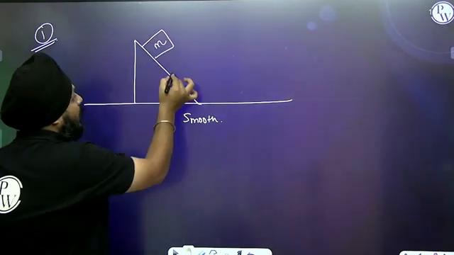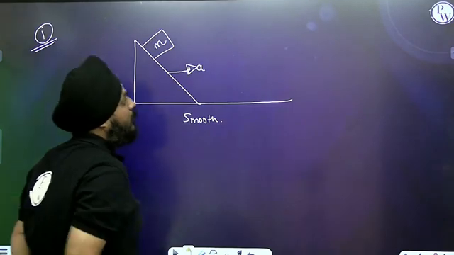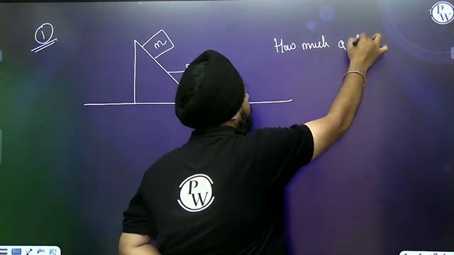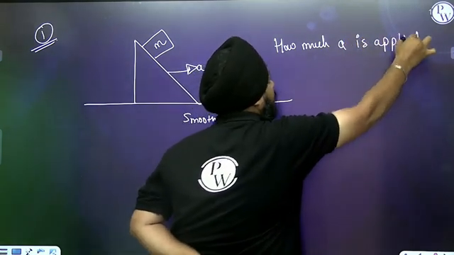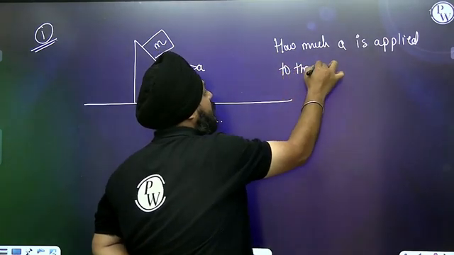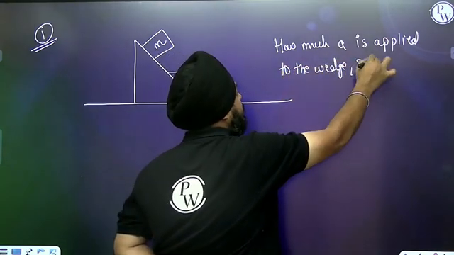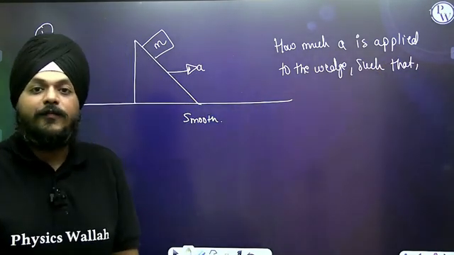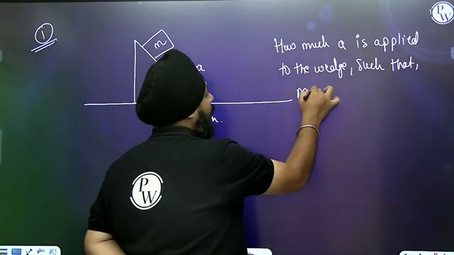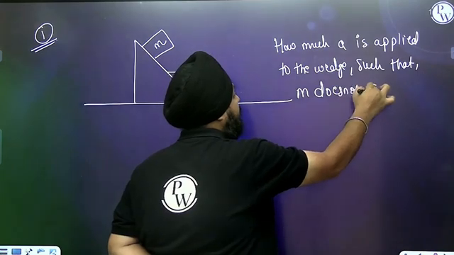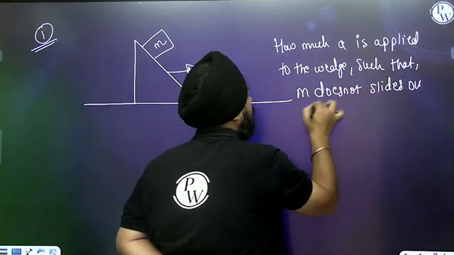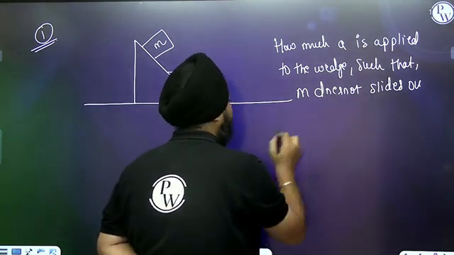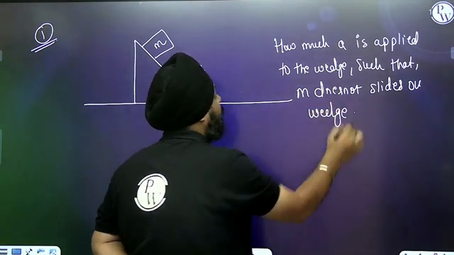The question states: how much acceleration A must be applied to the wedge such that the small m does not slide on the wedge?